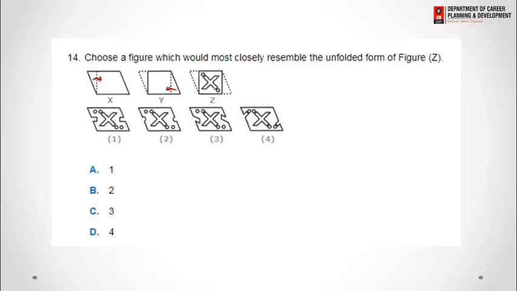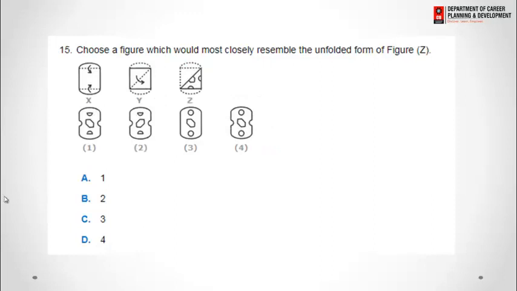When we unopen it, the figure we have is something like that, where there is a circle and a cut like this, and on the other hand we have a circle and a cut something like that. That means the answer figure is quite similar to option number 4, that is figure option D, figure 4.